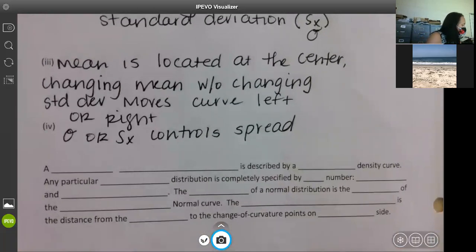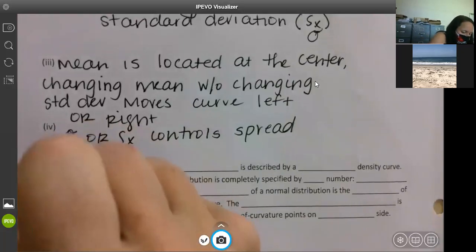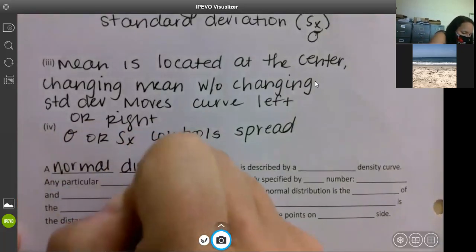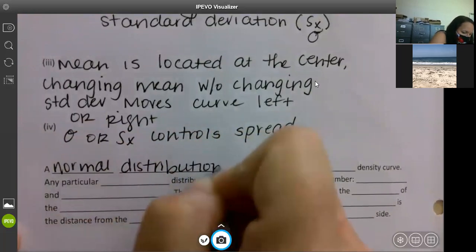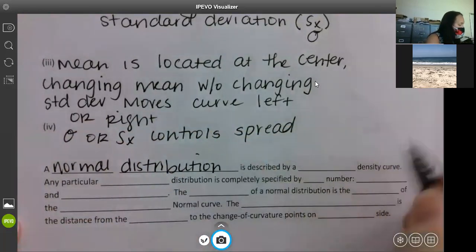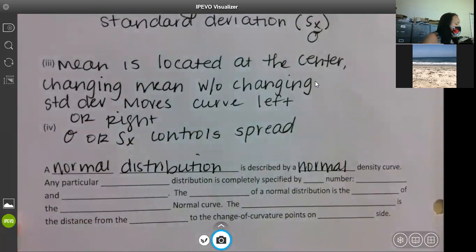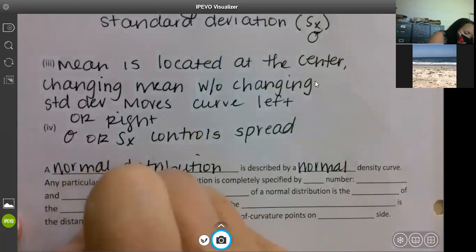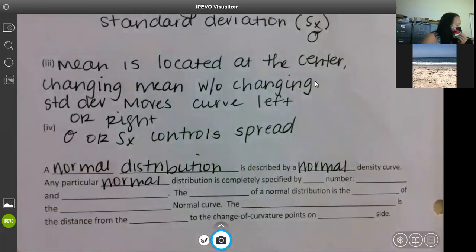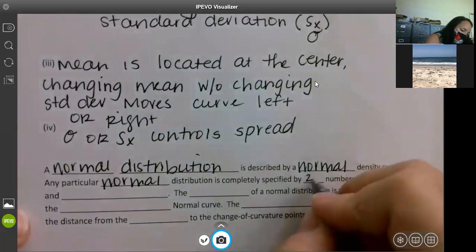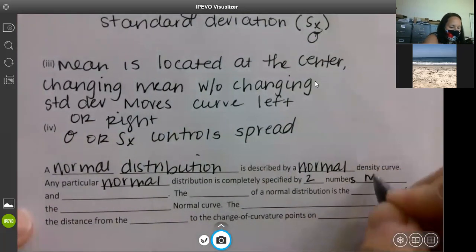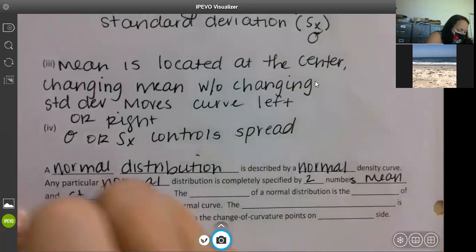All right. A normal distribution, we're going to have to go out and come back in because we got interrupted a million times, but we'll get there. It's described by a normal density curve. Any particular normal distribution is completely specified by two numbers, and that would be the mean and the standard deviation.